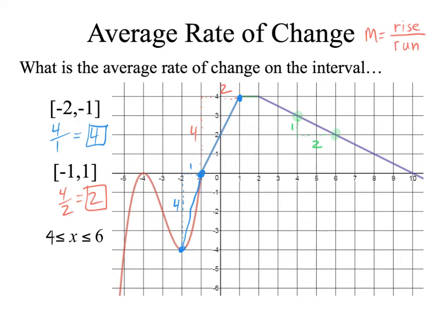So is that 1 over 2 or 2 over 1? It's rise over run, so it's 1 over 2. But isn't this one going downhill? So when we go downhill, don't we put a negative on it to tell us we're dropping? So that negative is important to remind us it's a drop of 1 over 2.